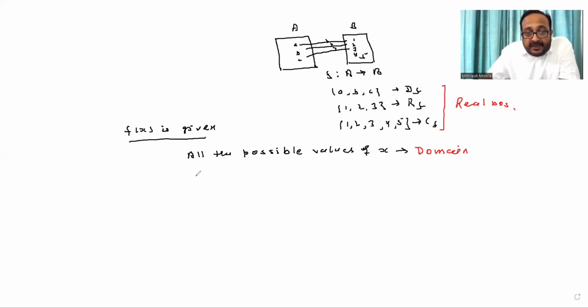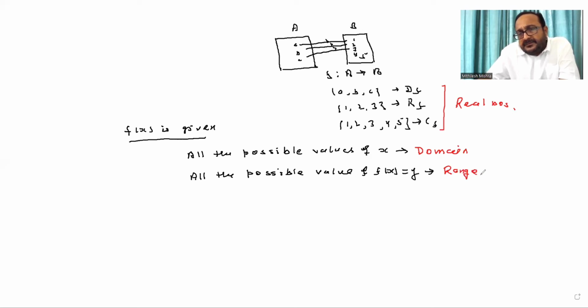And all the possible values of f(x), also known as y, are known as the range of the function. We will see here the different points to find the domain and range.